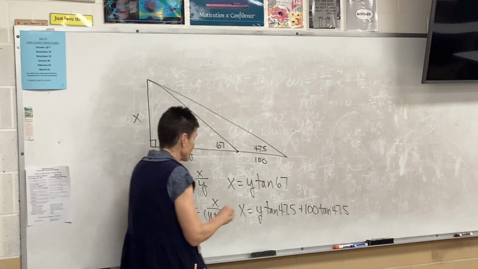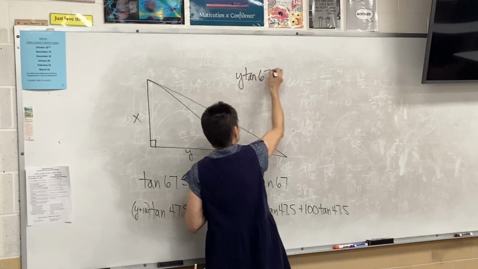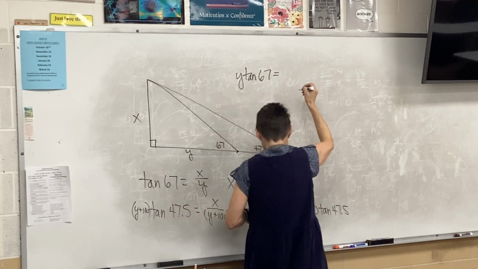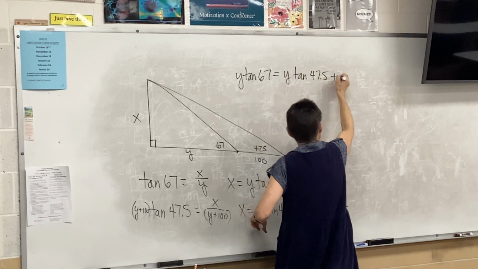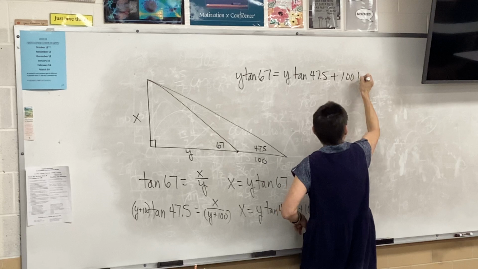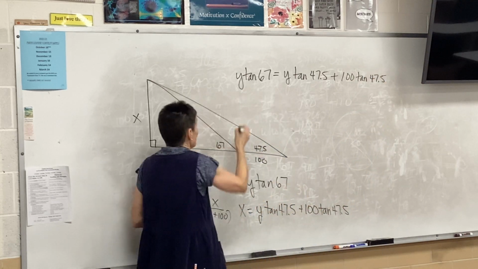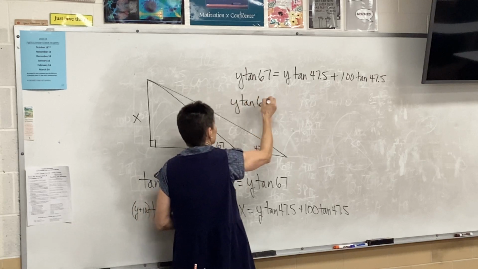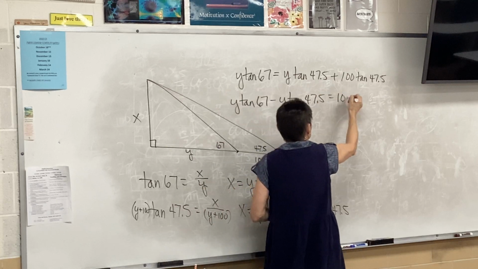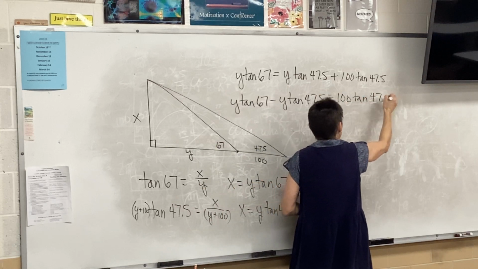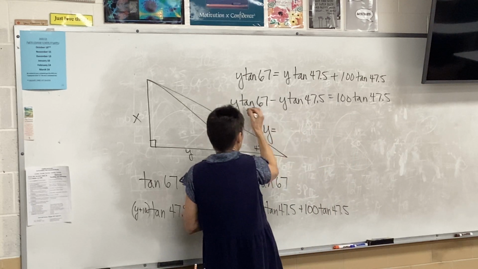Now I can set them equal to each other. So y tan 67 equals y tan 47.5 plus 100 tan 47.5. Put my y's on the same side. Factor them out and divide.